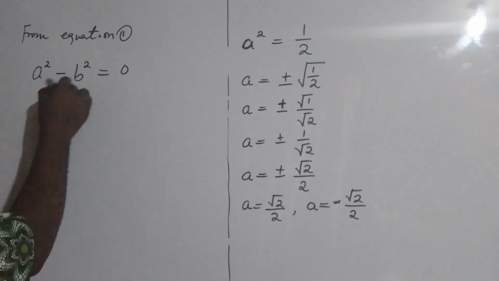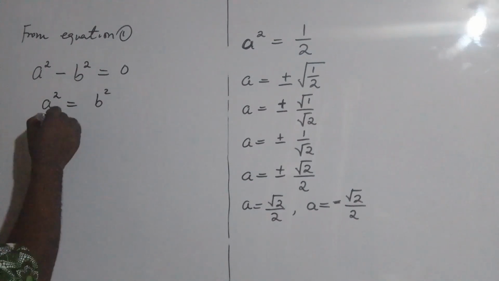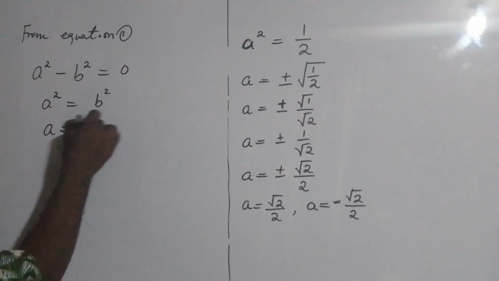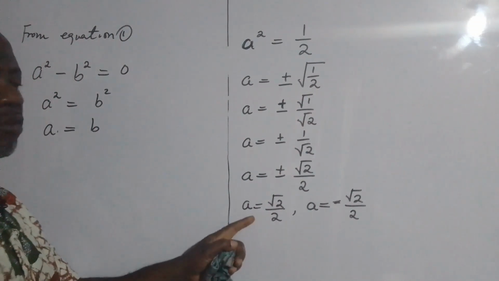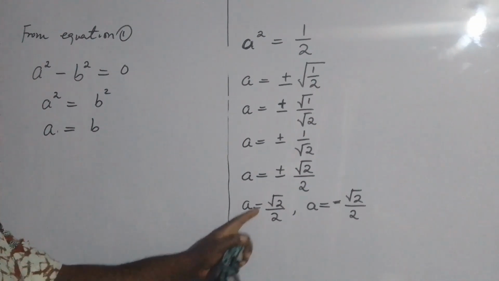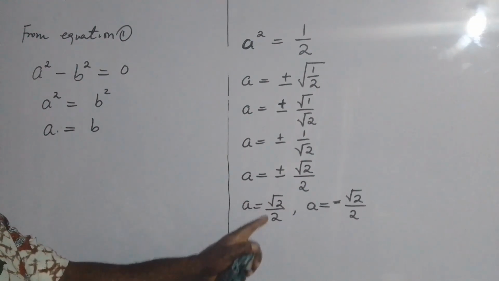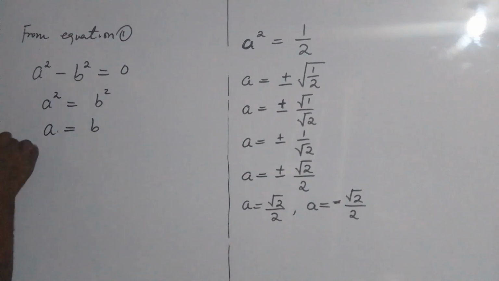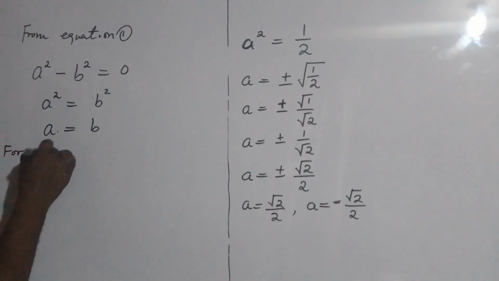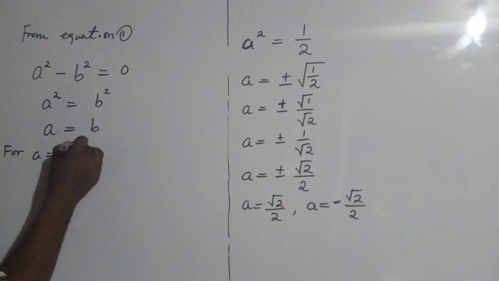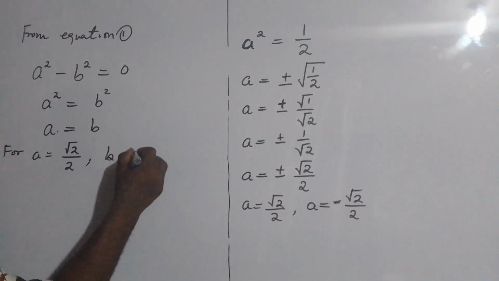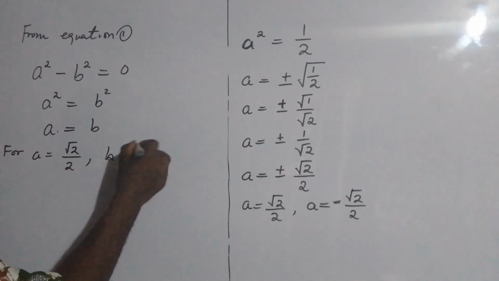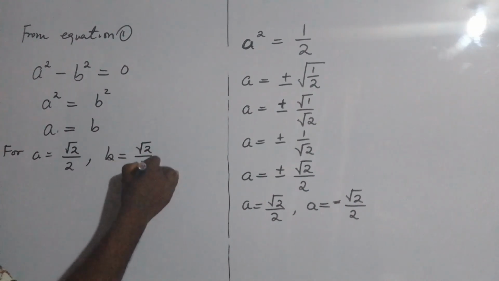So a squared will be equal to b squared, and so a will be equal to b. So now let's take the first value of a. If a equal to root 2 over 2, then b will also be root 2 over 2.